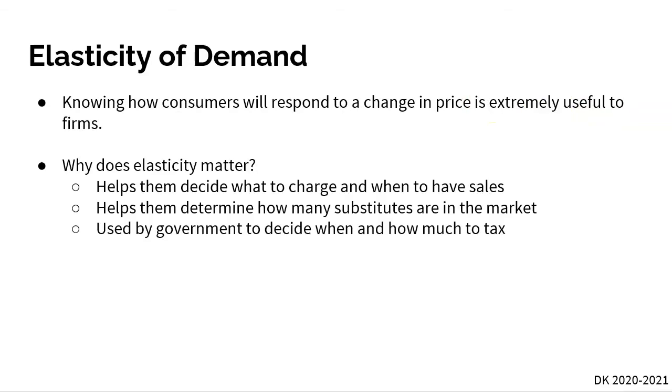So this is extremely useful. This is what firms do. So why does it matter? Well, A, it helps firms decide how much to charge for a specific product and when to have sales. There's a reason why Netflix charges, I'm assuming, $7.99. There's a reason why Netflix charges that amount, because they've done it and said, we know what the elasticity is for our good.